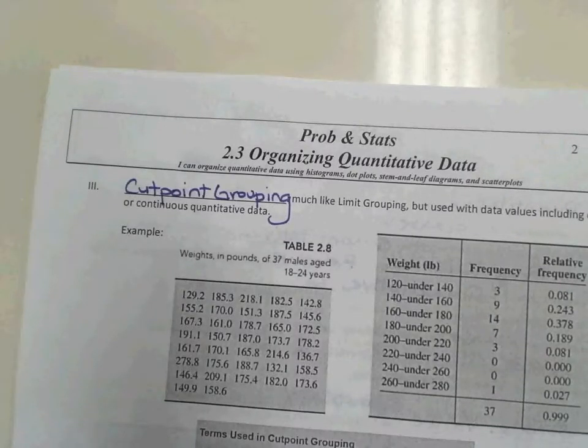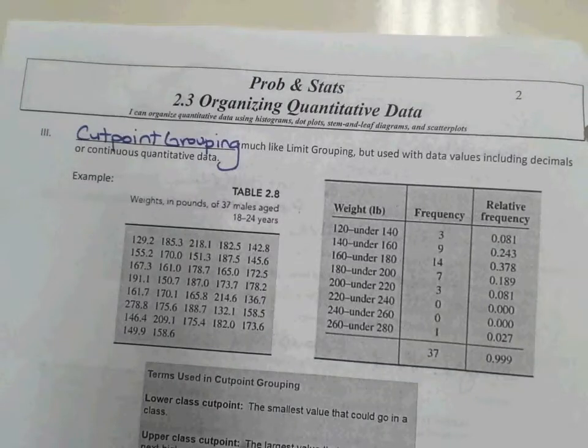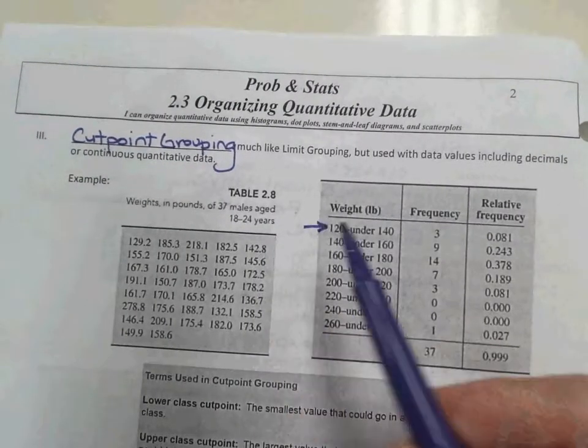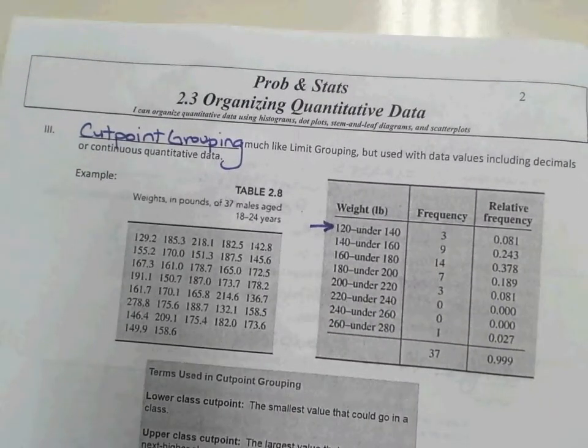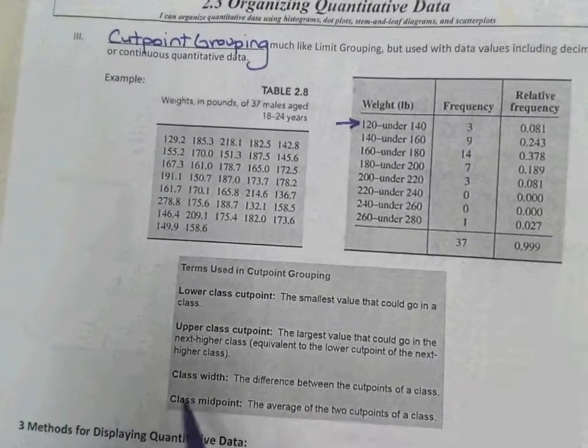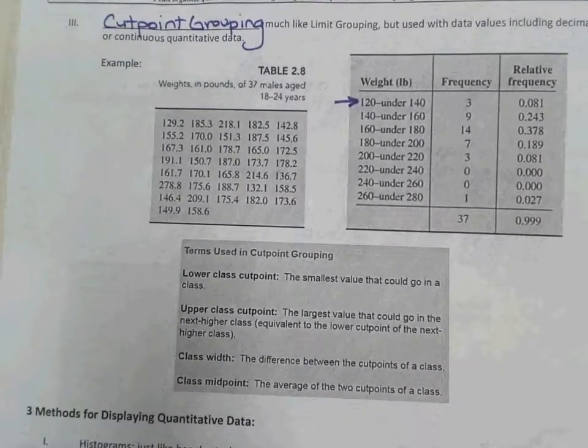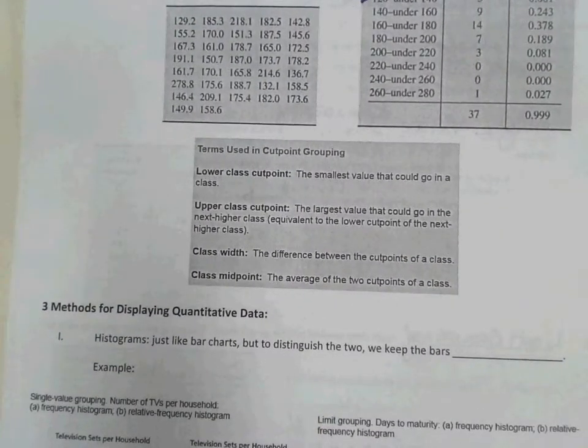Remember that term? So with that kind of data, you can see the ranges look a little bit different in our classes. 120 to under 140, and then 140 to under 160. So these are the types of phrases you would see in cut point grouping. And then again, you see some terms that we might see associated with cut point grouping.